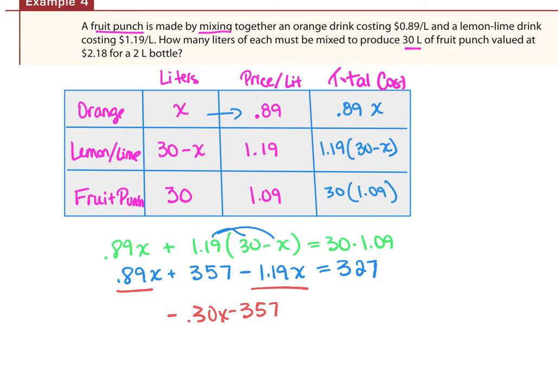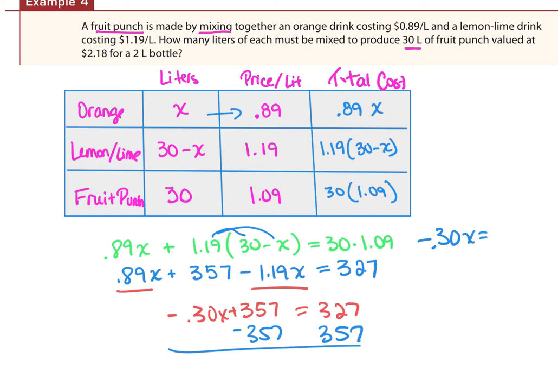Is that right, Lois? Check me. Equals 327. All right, subtract my 357 over. They were nice right here, weren't they? All right, so we have negative 0.30x equals negative 30.